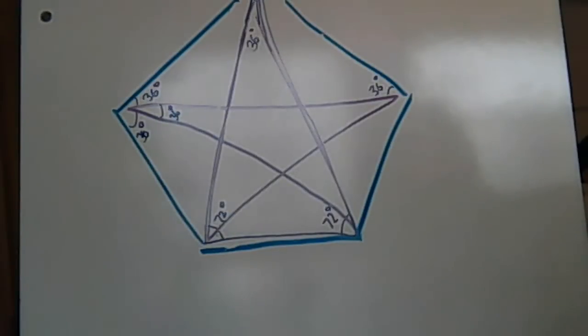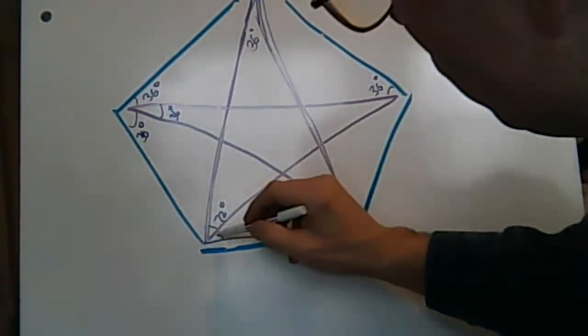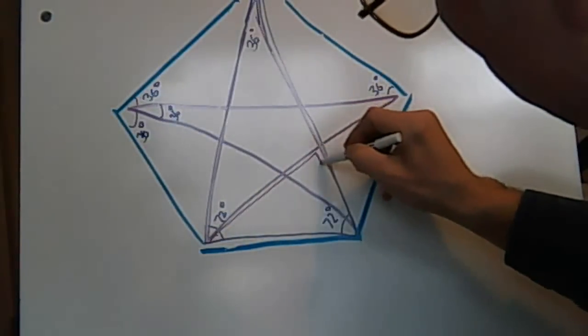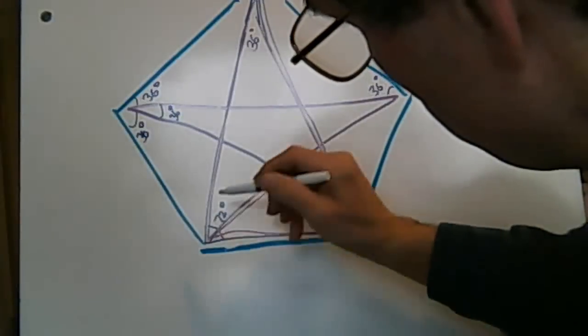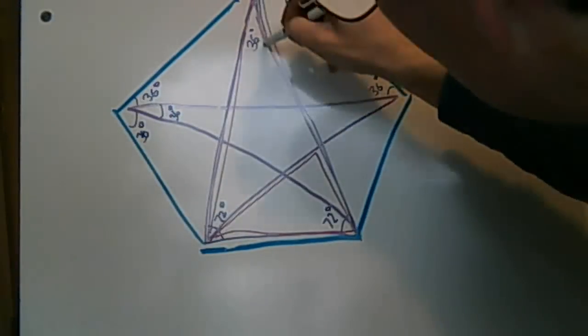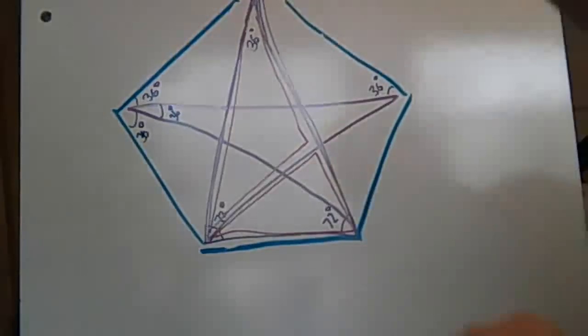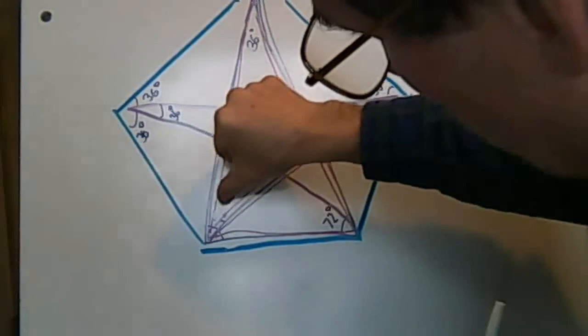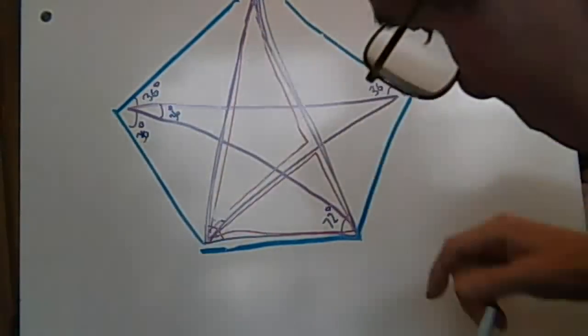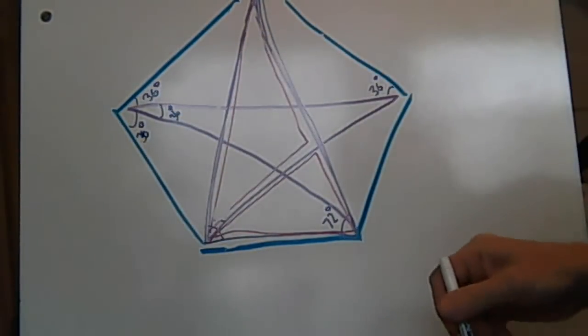And another pair of triangles that are very important that show up in this pentagon is this triangle right here, and then this triangle right here. Now these are very special because, let's see if I can do this a certain way. I have to keep erasing these angles so I can show you which is the exact angle I want to talk about.